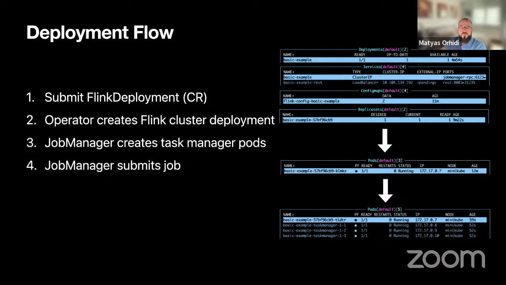For example, services for internal and external communication, config maps with default Flink and log configurations. Then the job manager deployment spawns a replica set and pod for the job manager process. Once the job manager is running, it will create additional pods for task managers, depending on the Flink configuration. And finally, submit the job.